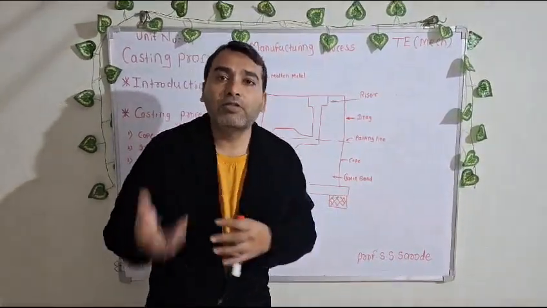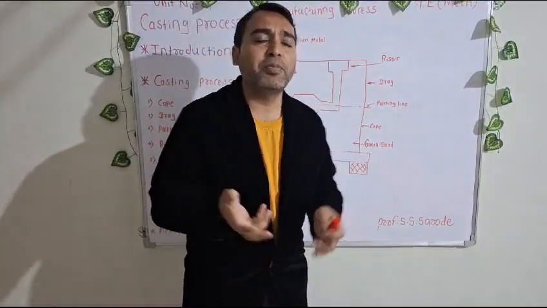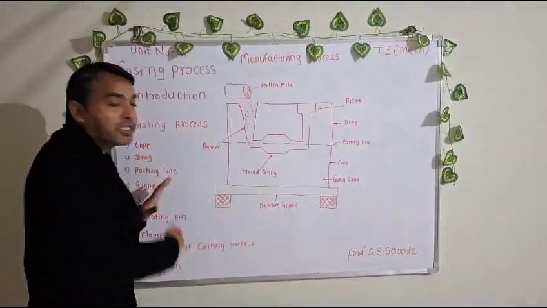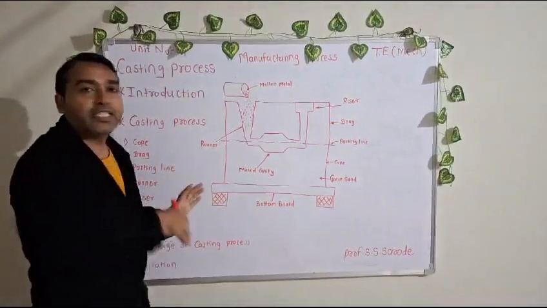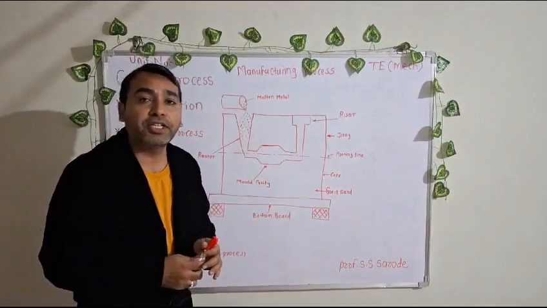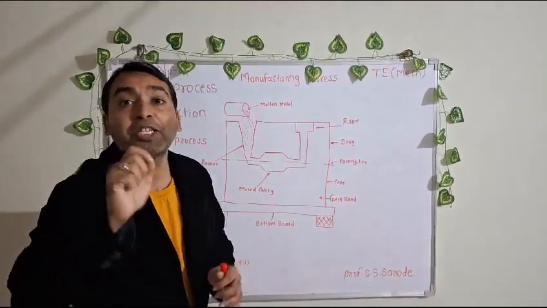Special purpose machines use different gears, and those gears are also manufactured by casting. So this is a very simple process used in the industrial sector to manufacture complicated shapes, and it is mostly used for mass production.